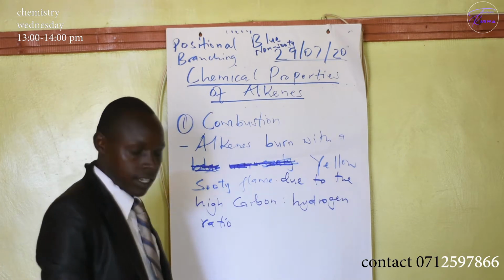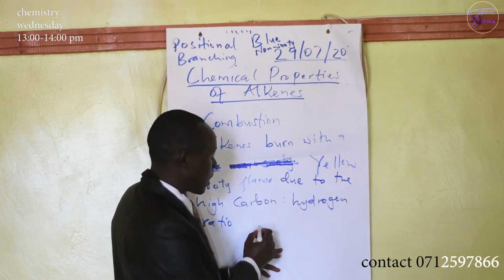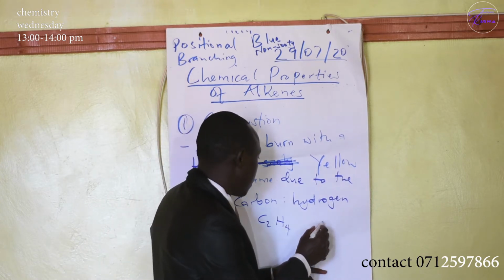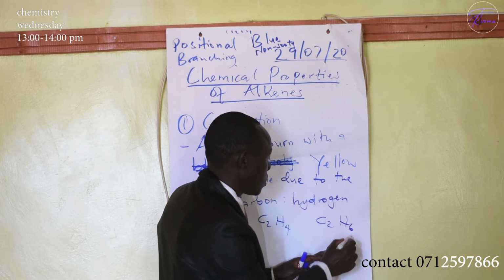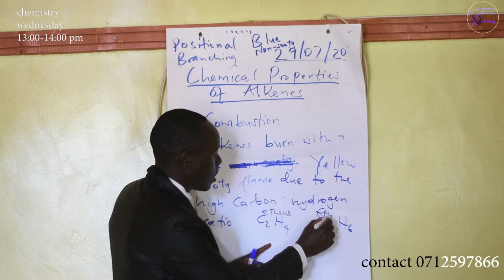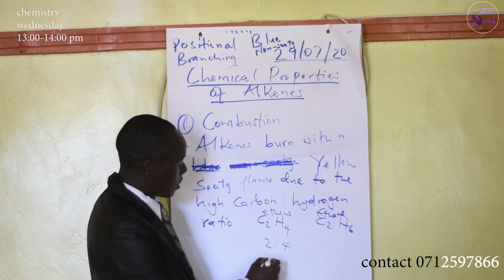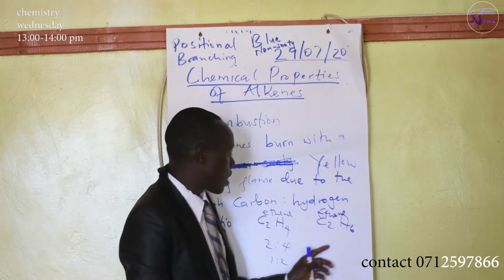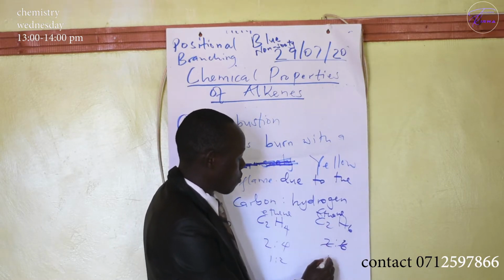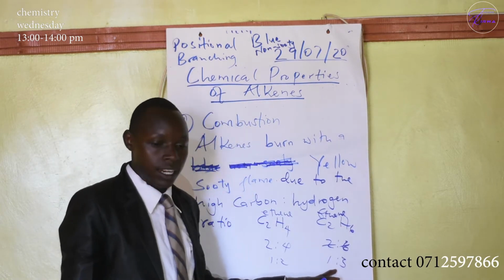What we mean by a high carbon hydrogen ratio is just a comparison. Ethene is C2H4 and ethane is C2H6. For ethene, carbon to hydrogen is 2 to 4, which is 1 to 2, that is a half. For ethane, the ratio is 2 to 6, which is 1 to 3. A half is of course greater than a third.